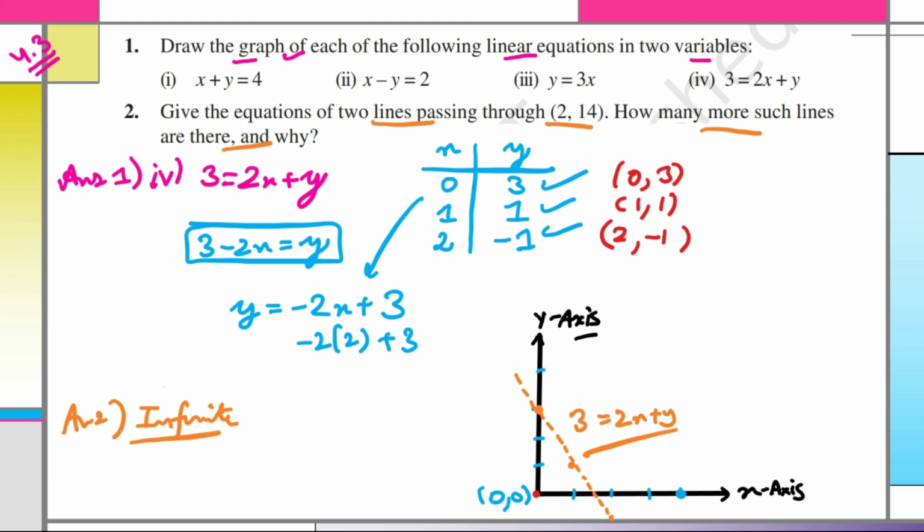It is a very simple axiom that infinitely many lines can pass through a point. This line could be L, this line M, this line N. I could pass infinitely many lines through a point in a plane. So as one point is given, and there could be infinitely many lines in a plane through a single point, the answer is infinite.